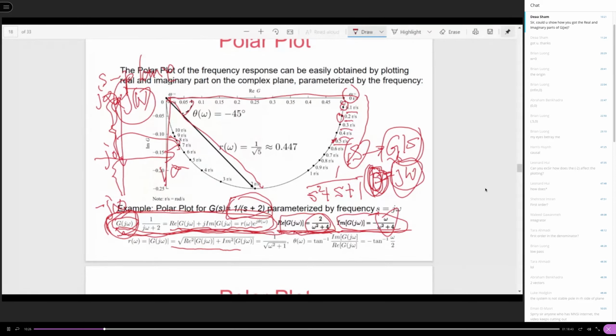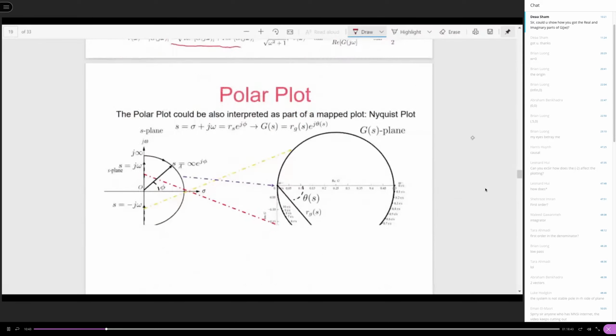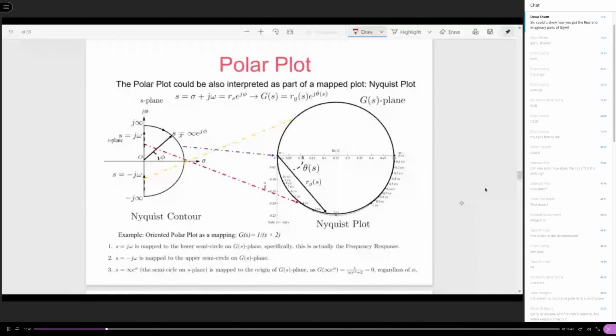And that is what we call the Nyquist stability criterion. So next, everything I'm going to talk about is around the Nyquist stability criterion.